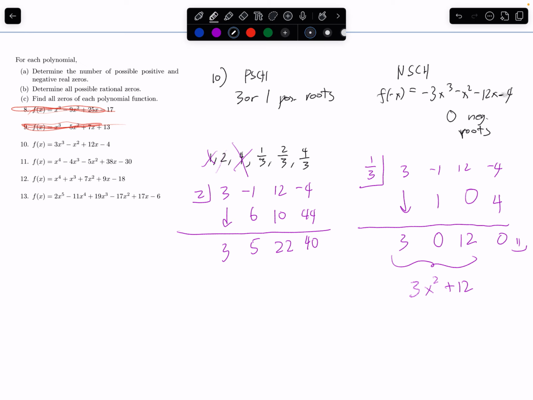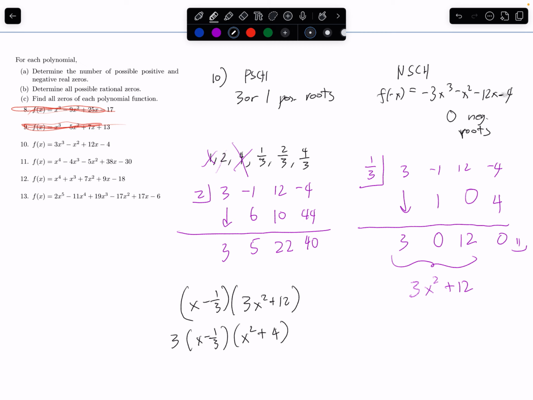Let's try to write this in factor form. This is x minus 1/3, the first root, times 3x squared plus 12, but I can simplify that. I can factor out a 3. Pull out that 3, and this is x squared plus 4.